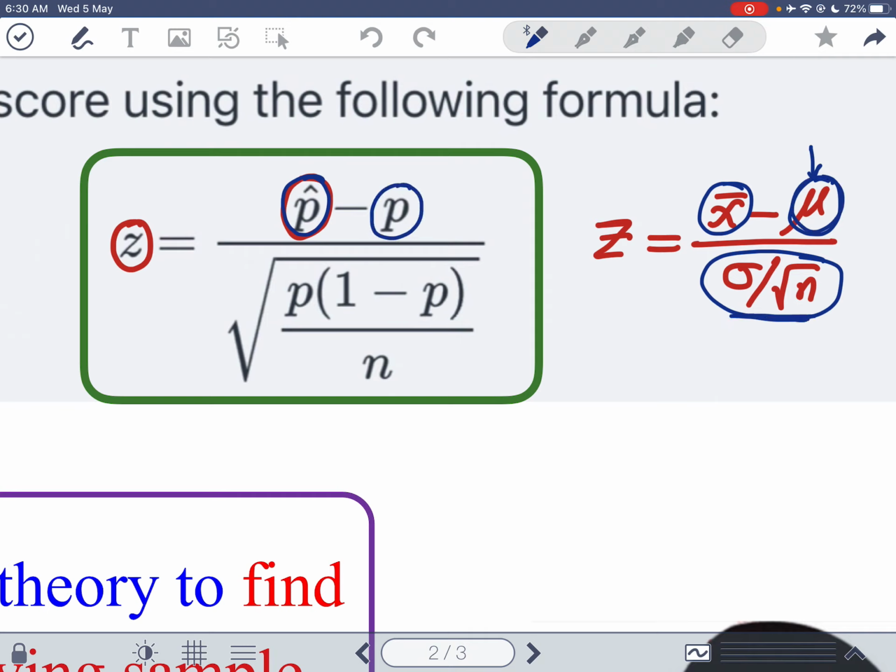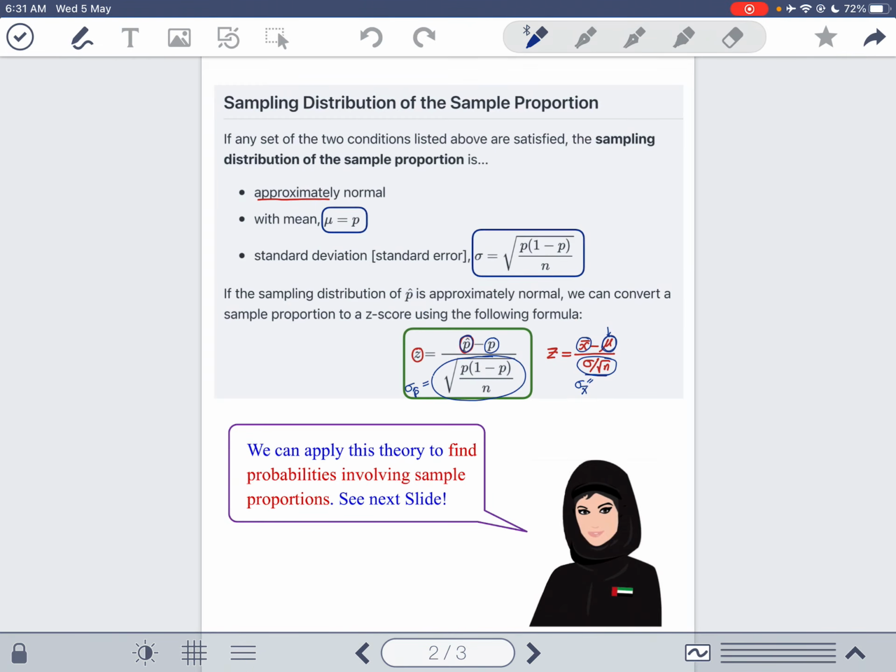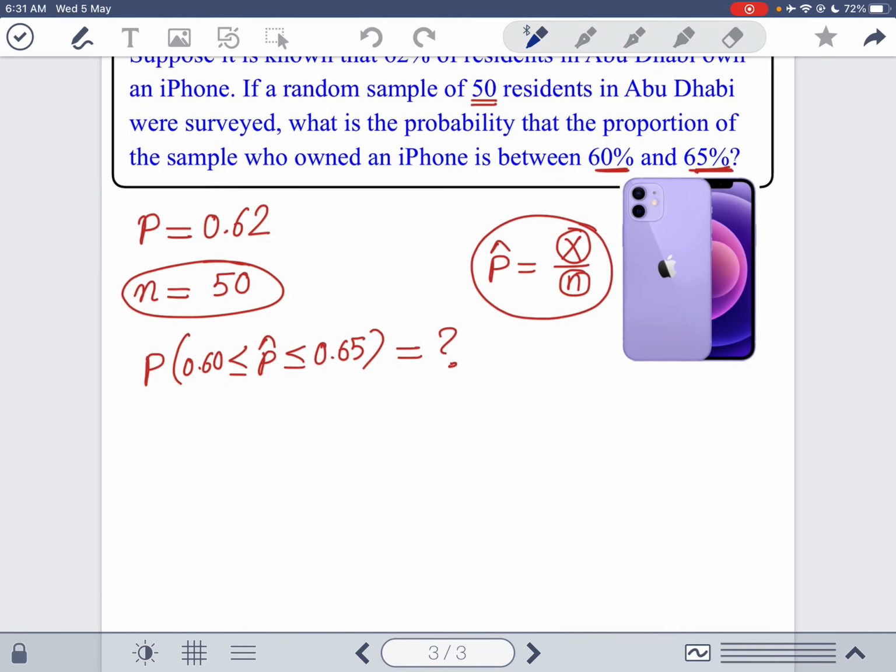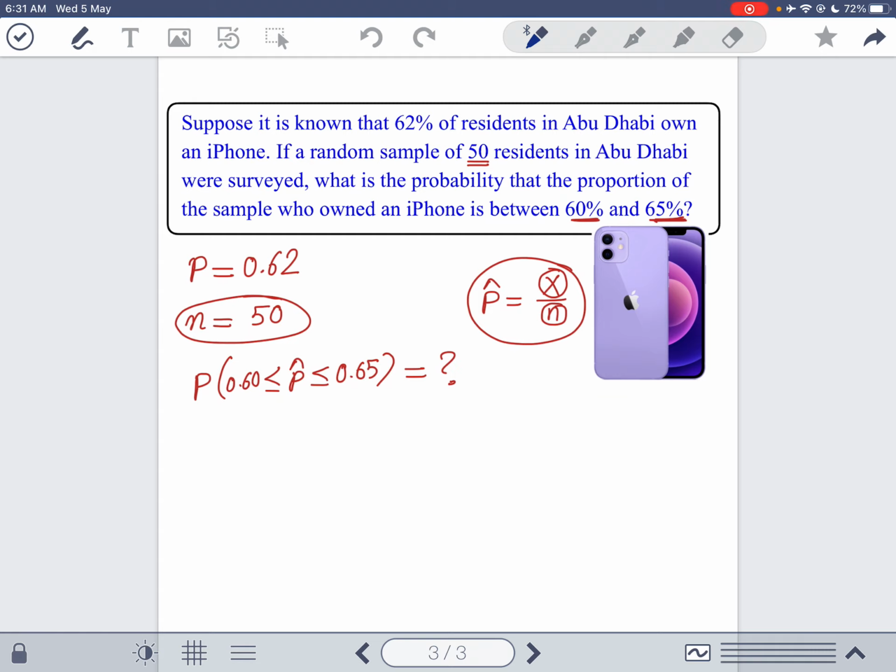And then you divide by the standard deviation of x bar in this case, and this one here was just the standard deviation of p hat. You see how nice it is? Because these are related things. But I would like to draw your attention to another fact. First, let us solve this example, and then I would like to solve it in two ways so that you see something interesting.